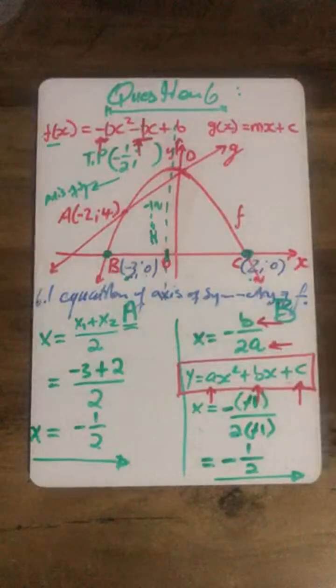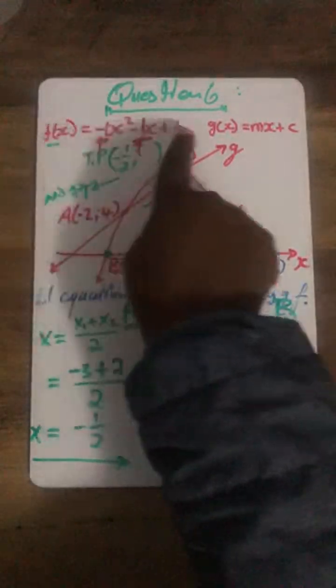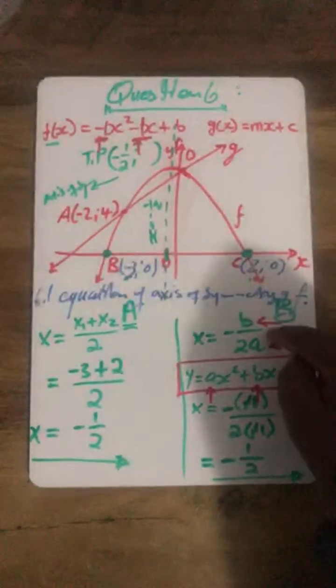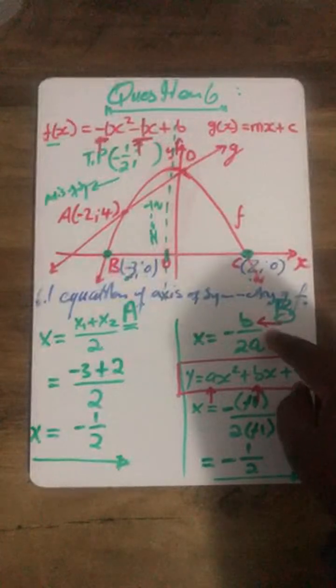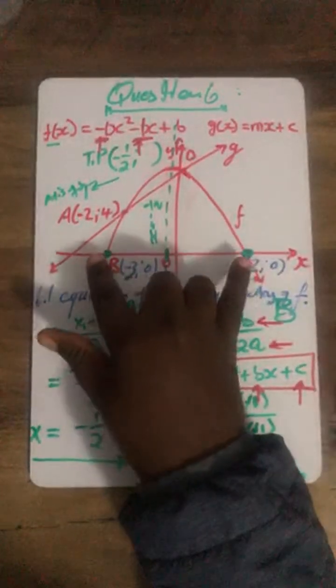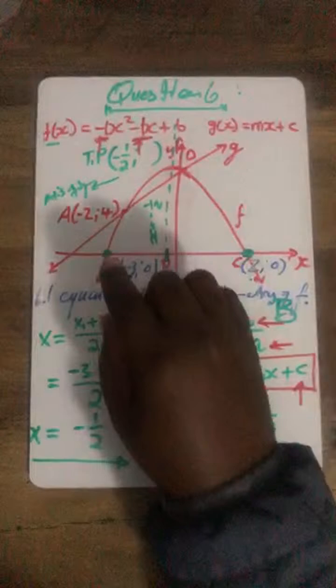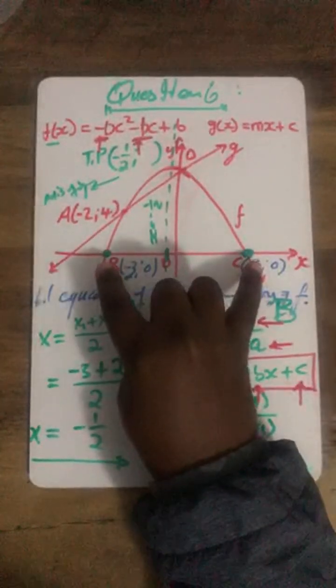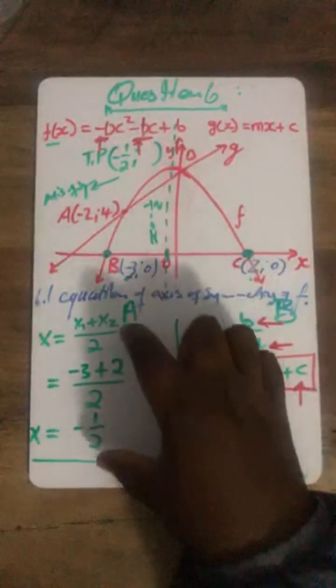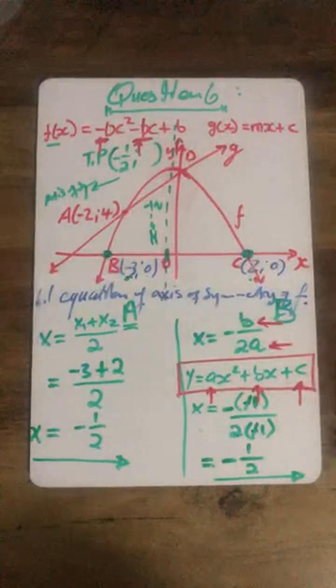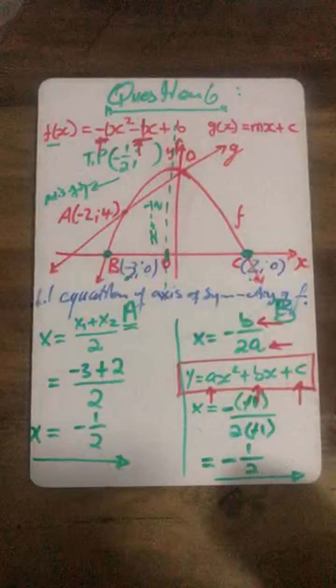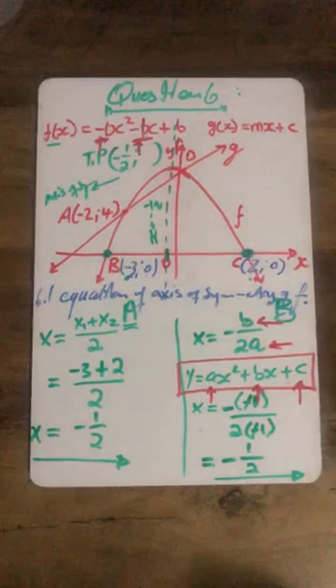If you have the equation or the function, then you can use this formula, because you maybe wouldn't know what the x-intercepts are. But if you know what the x-intercepts are, then you just find the midpoint. You use the midpoint formula to calculate the x value. Yes, that's how you would easily work it out.